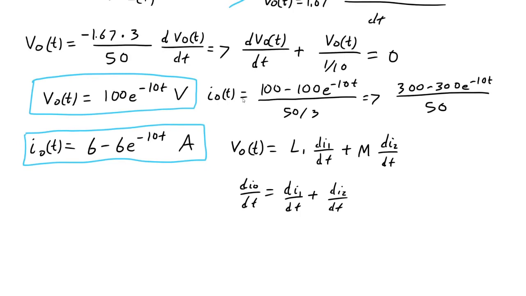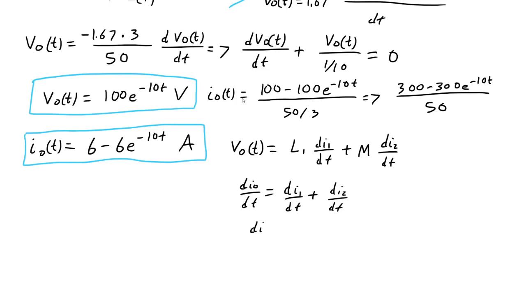So we end up simplifying all of this. We take the derivative of I0 with respect to time. We're going to get 60, because the derivative of a constant is 0, and minus 6 times minus 10 gives us 60.